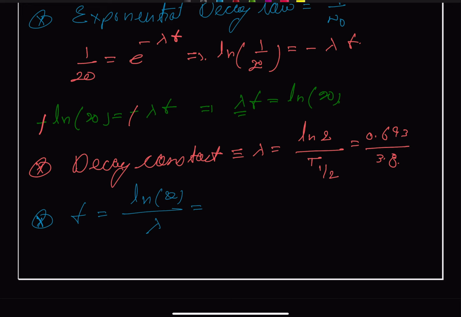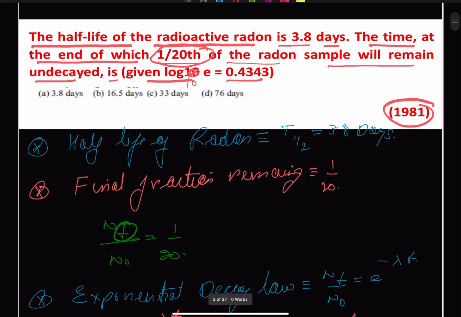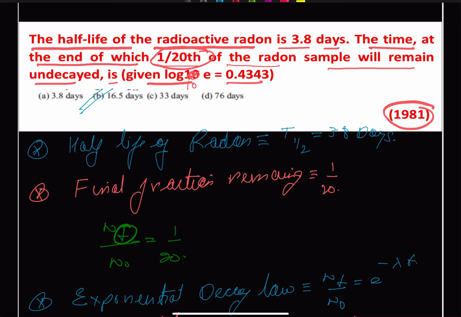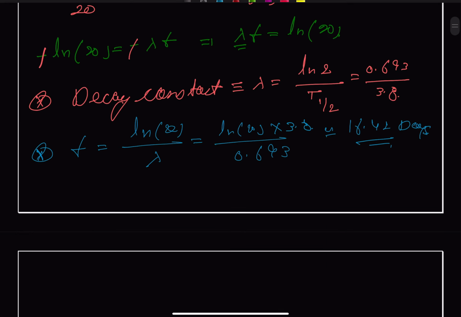Substituting the value of lambda, this comes as natural log of 20 over 0.693 multiplied by 3.8, and this comes as approximately 16.42 days. So option number B is correct.